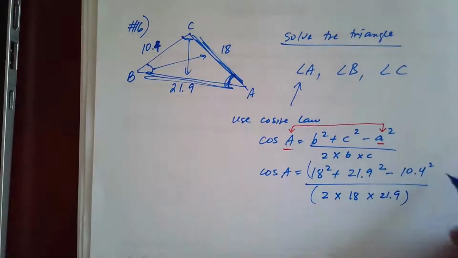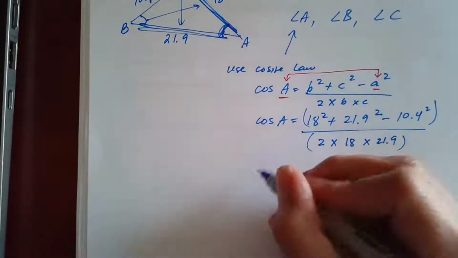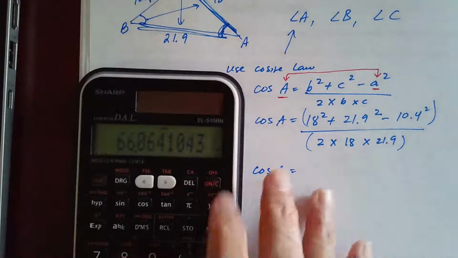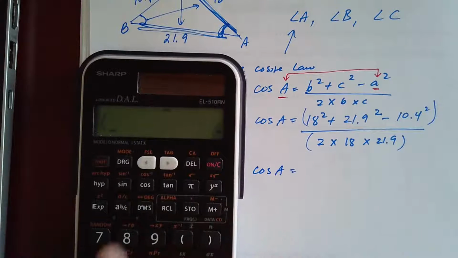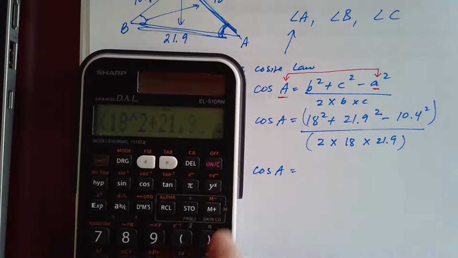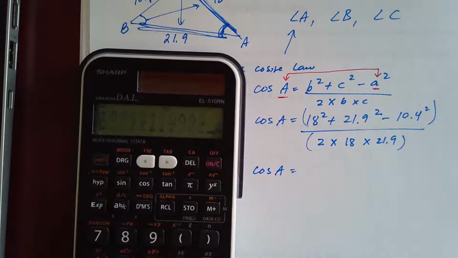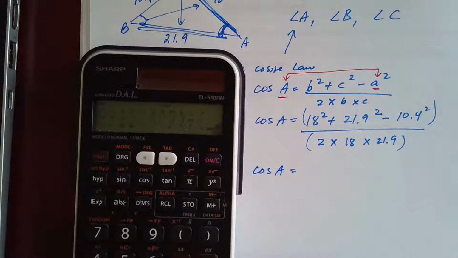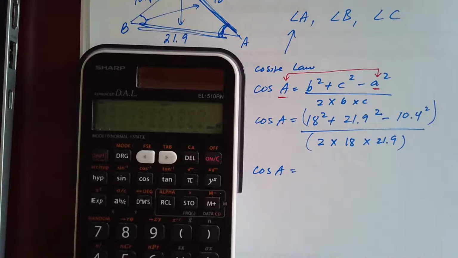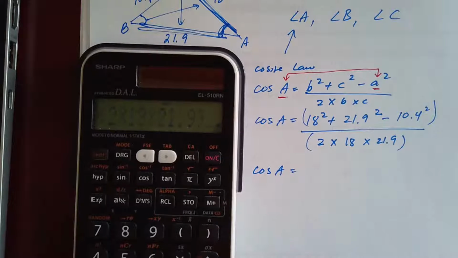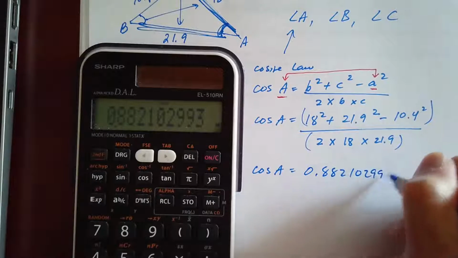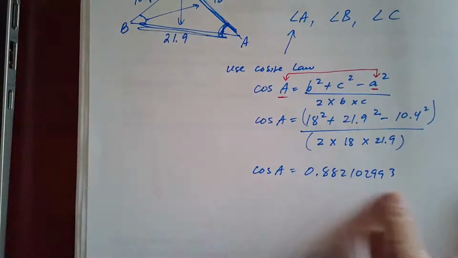Put the brackets around. Okay, so 18 squared plus 21.9 squared minus 10.4. I'm going to get 0.8821029993. Okay, so you're going to keep all of the decimals.